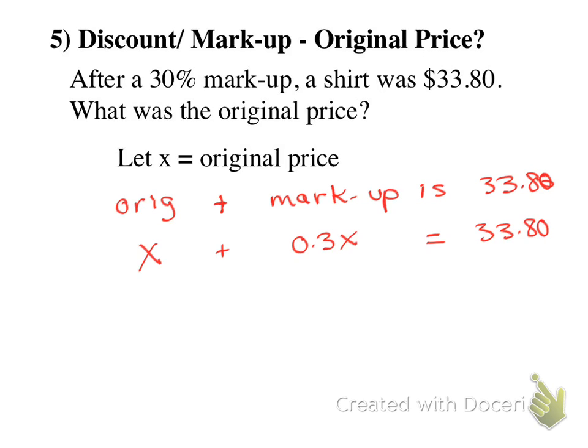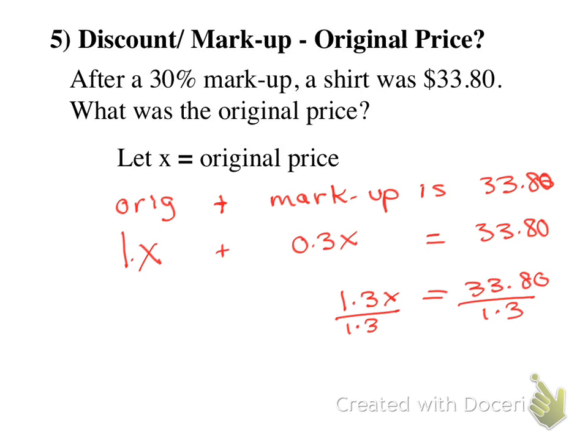So really, what does this become? Isn't this one whole? And this is 3/10. So can't we say this is 1 3/10 X equals 33.80? So I'm dividing by 1 3/10.